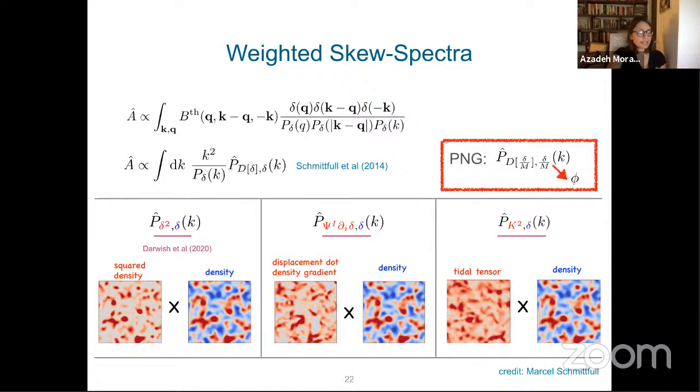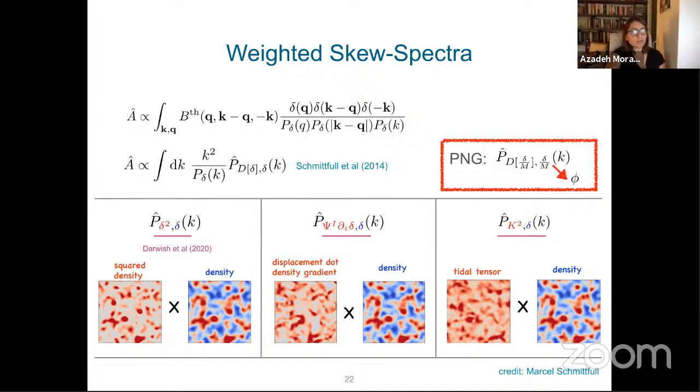Now, let me also say that what was done in this paper of 2014 was to construct this quadratic field and correlate it with the original field, such that the new estimator you are building, these Skew-Spectra, capture the information in the 3-point function of the density field.